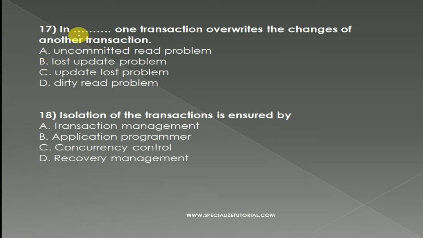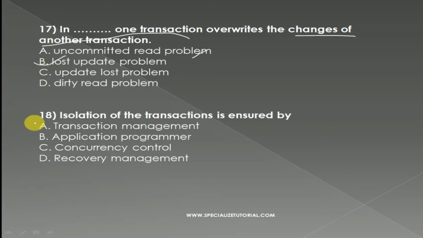Once again, in dash one transaction overrides the change of another transaction. Uncommitted read problem? Not that. Lost update problem? Yes, lost update problem is where one transaction overrides the change of another transaction. So B is the right answer.